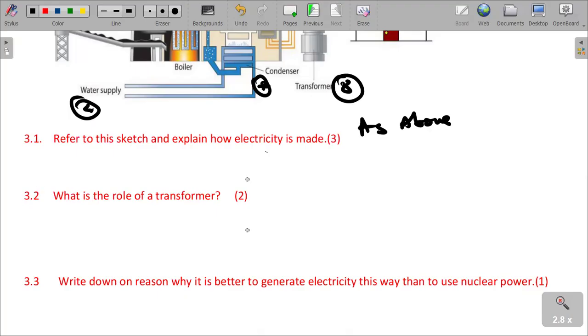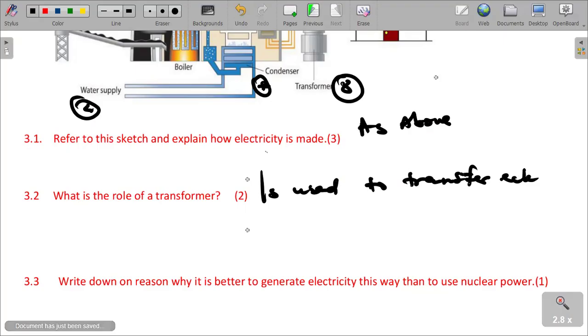What is the role of the transformer? We need to understand that the transformer is a machine. A transformer is used to transfer electrical energy.